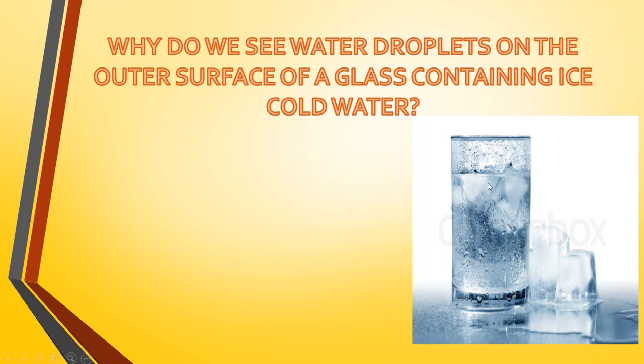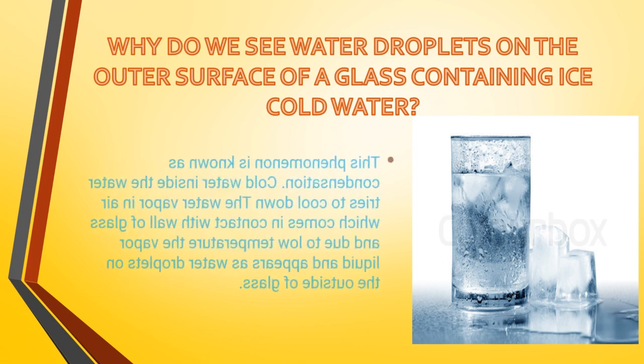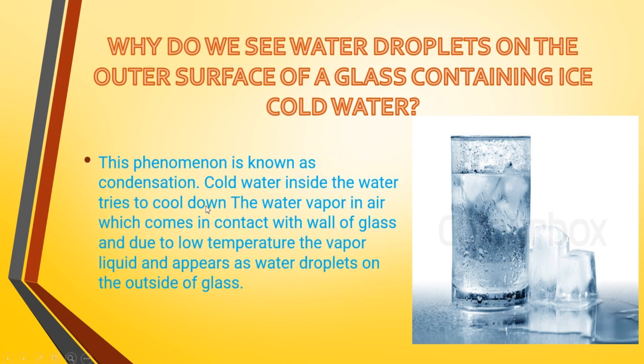The temperature inside the glass is very cool because ice is present inside, but the outside temperature is high, so the glass gets sweated. This phenomenon is known as condensation.